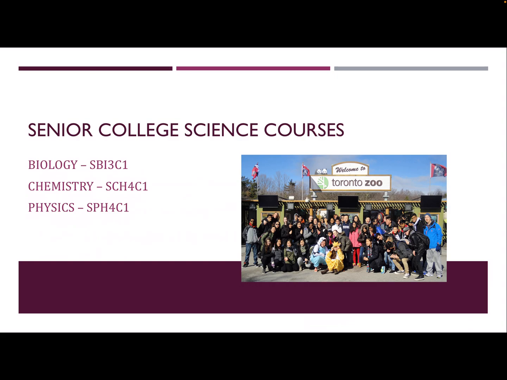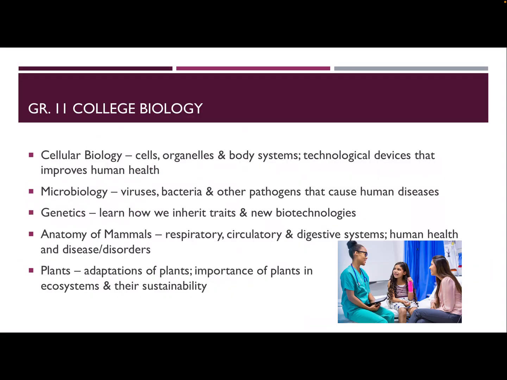They're both coded at the grade 12 level. However, you can take any of these courses in either your grade 11 or grade 12 year. The only prerequisite would be the grade 10 applied or academic science level courses.